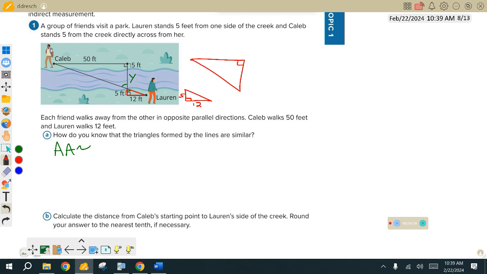The 50 feet, I think I heard. Okay. What's that vertical leg going to be? It's 5, it's not 5 and 12.